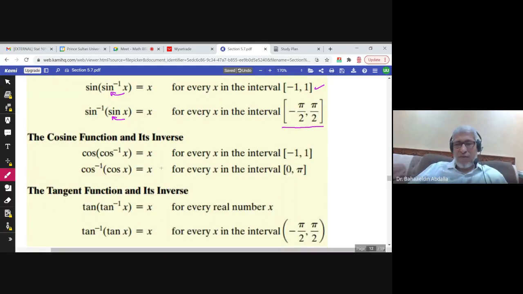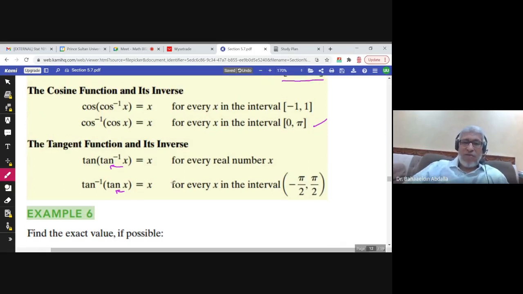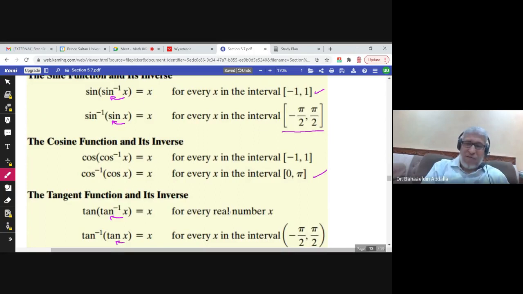Same for cosine, here from -1 to 1, and here from 0 to pi. Same for tan, here any real number, because the domain of tan inverse is the range of tan, and the range of tan is the set of all real numbers. And here the domain of tan, if you remember, is from -π/2 to π/2. So these formulas are true only in these intervals. So you have to know that.